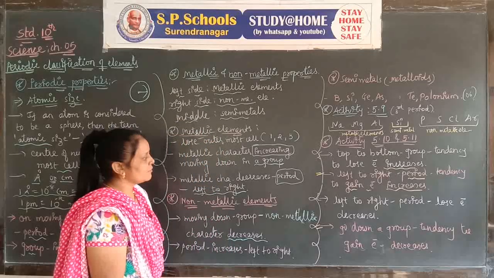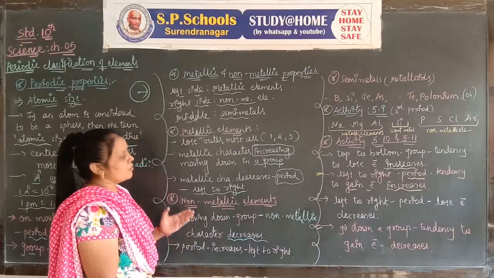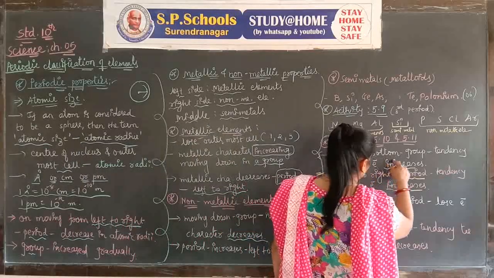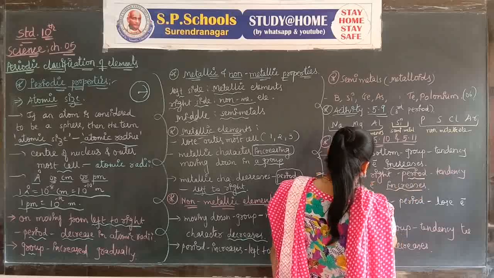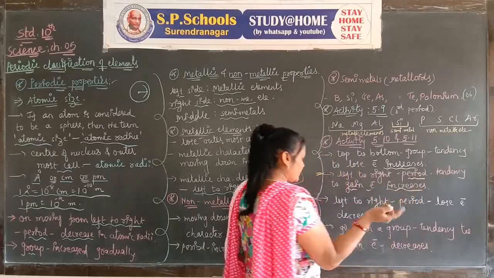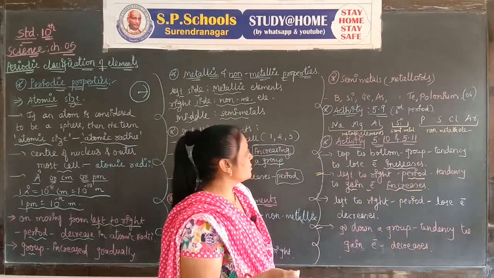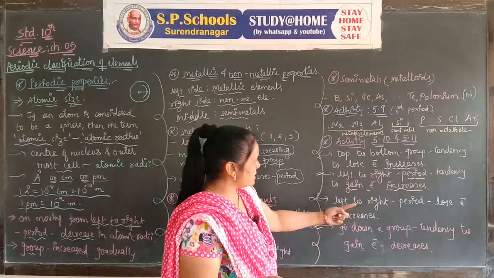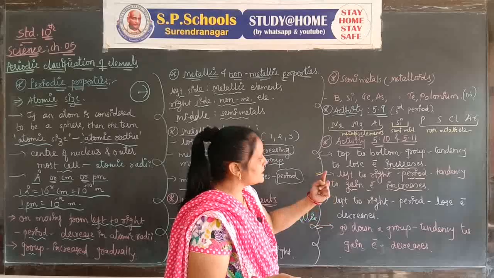But while we go left to right in a period, the loss of electrons decreases.